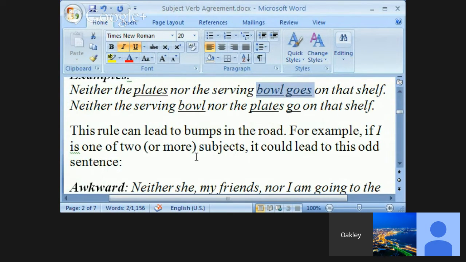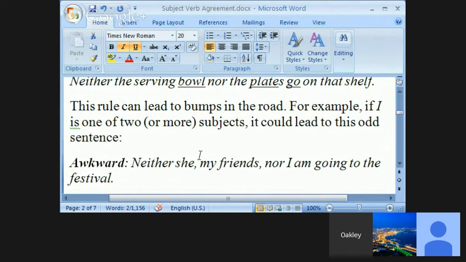Now, here's something really confusing and awkward I can boggle your mind with. When we throw in I, if I is one of 2 or even 3 subjects, it's possible in English to have multiple subjects. It can lead to very awkward sentences like this. Neither she, my friends, nor I am going to the festival. Now, actually, that is grammatically correct, but it sounds weird.